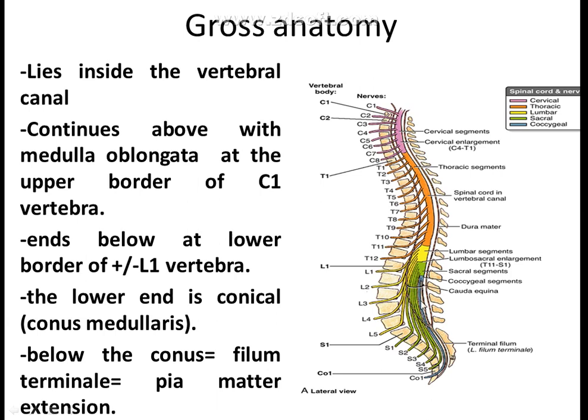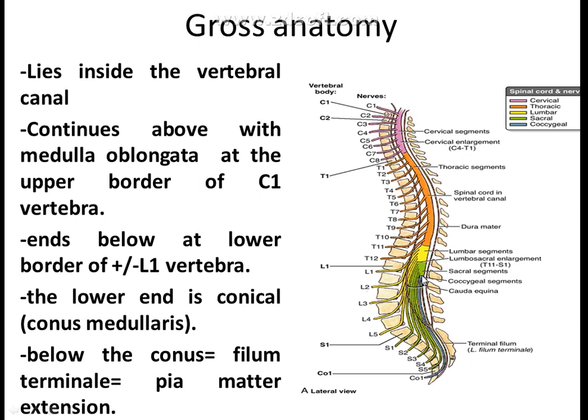The vertebral canal does not contain any tissue of the spinal cord, but instead of that, the pia mater covering the spinal cord will extend below L1 vertebra as a thread-like structure which is called filum terminalis, which is written here as terminal filum or filum terminalis.